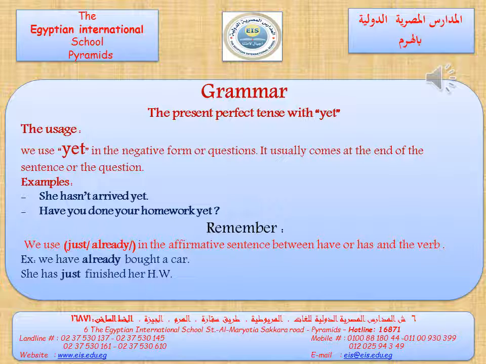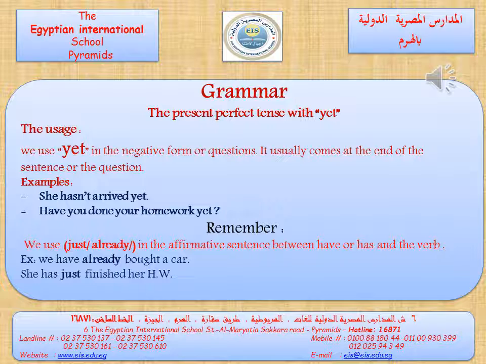Also, in this part, we cannot forget "just" and "already". In the previous unit, we mentioned that these two words help us figure out that we need to use the present perfect form. We use them in the affirmative sentence between "have" or "has" and the verb.